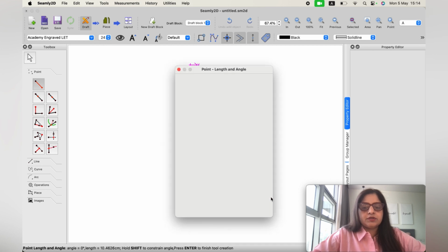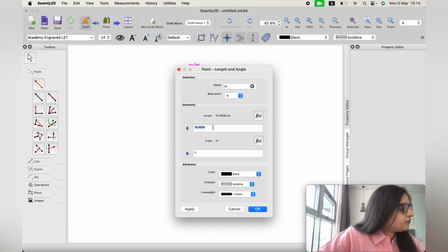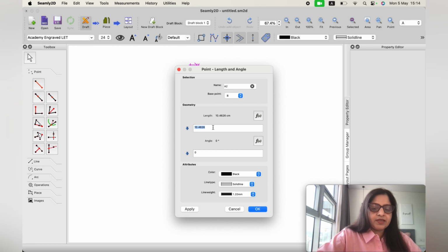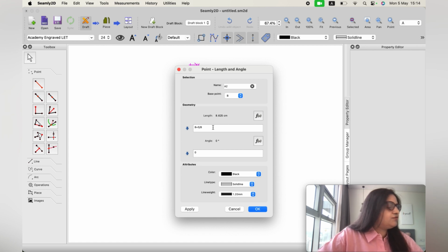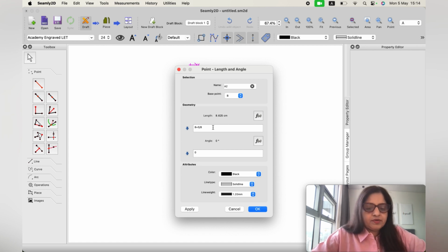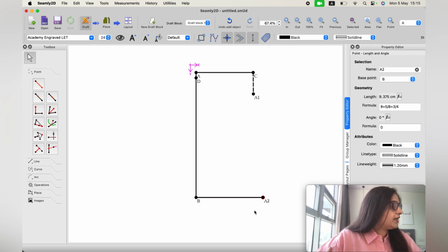The measurement is 8 5/8 plus 3/4 inch. Okay. Now again we have to square it up.